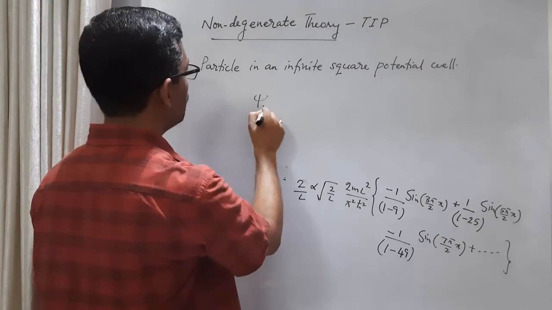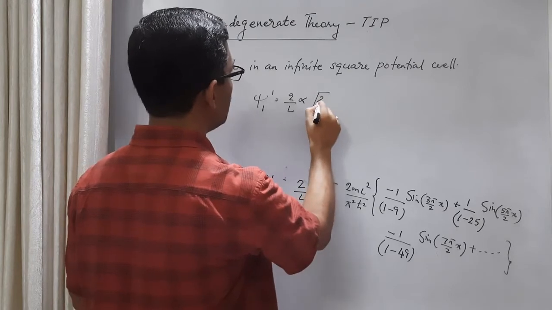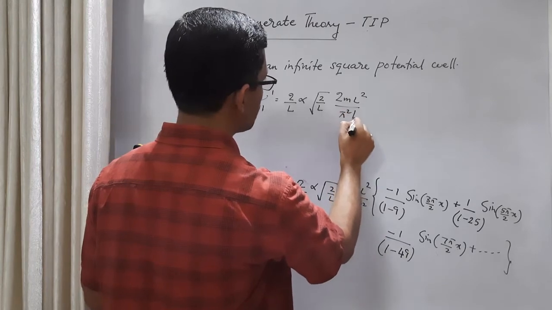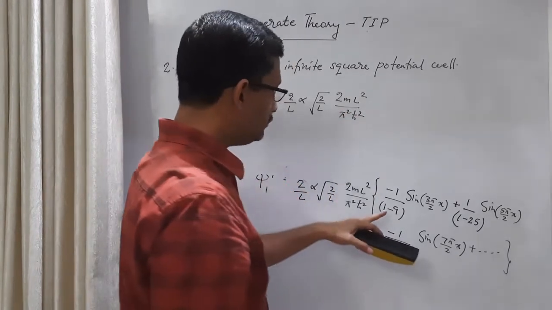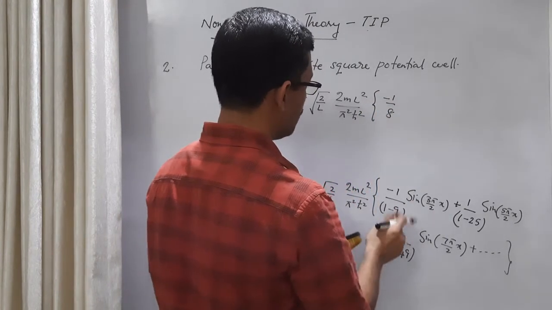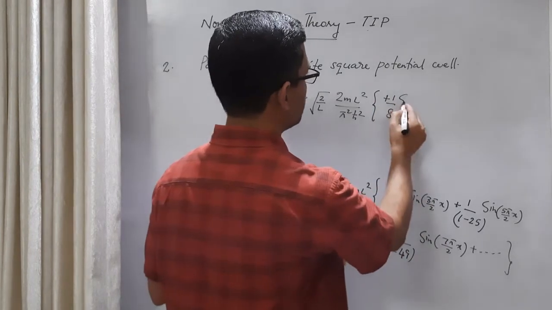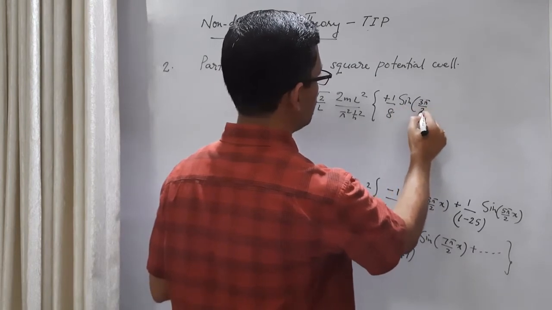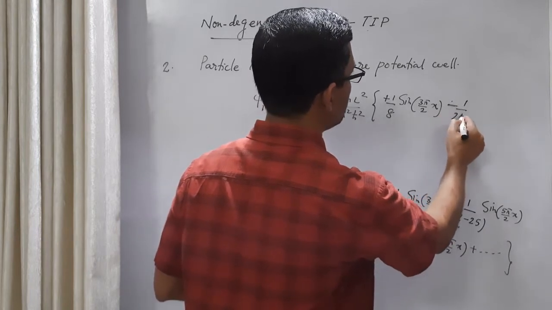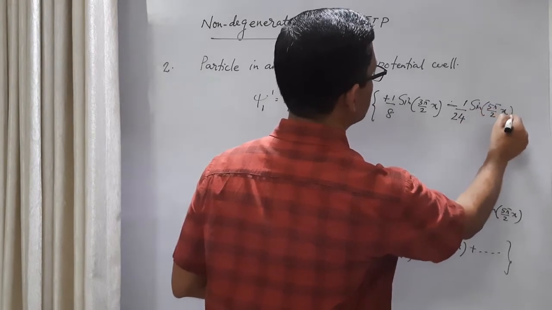Okay, so psi 1 1 is equal to 2 by L into alpha root 2 by L, 2ml square by pi square h cross square. Then the term minus 1 by 8, sorry, plus 1 by 8: the denominator is minus 8 and the numerator is minus, so minus of minus is plus, so plus 1 by 8 sine 3 pi by 2 into x, and minus 1 by 24 sine 5 pi by 2 into x.